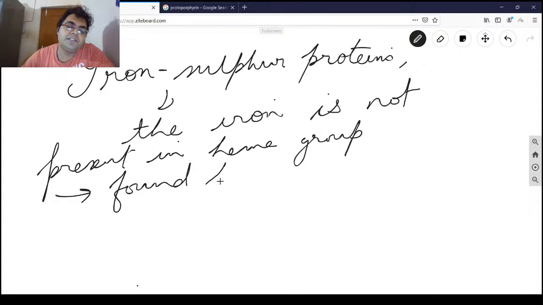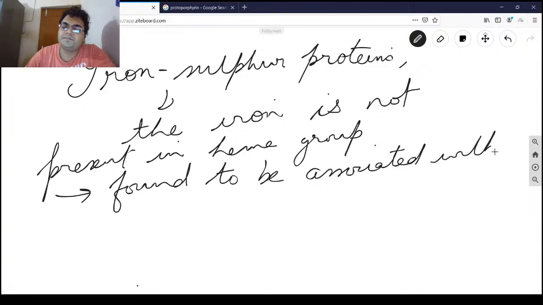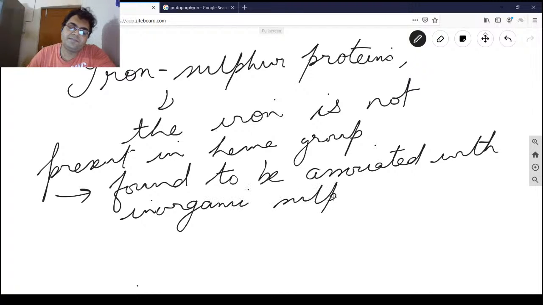It is found to be associated with inorganic sulfur, or it is found to be associated with the sulfur atom of the cysteine residue present in the protein, or both.